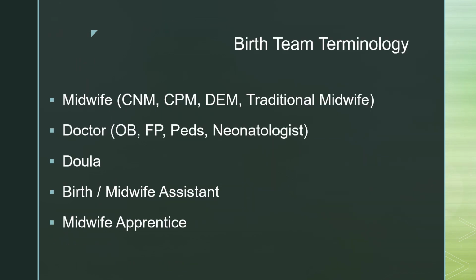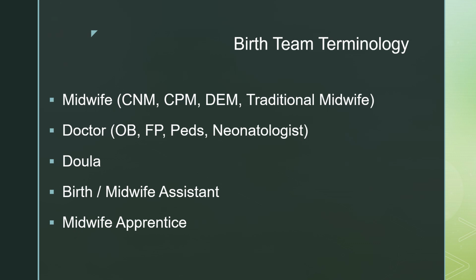So, the birth team terminology. For midwives, there are a lot of different midwives out there. There are certified nurse midwives, certified professional midwives, direct entry midwives, and traditional midwives. Certified nurse midwives traditionally are in the hospital setting. In a few states near the East Coast, certified midwives and even certified professional midwives can get hospital privileges.